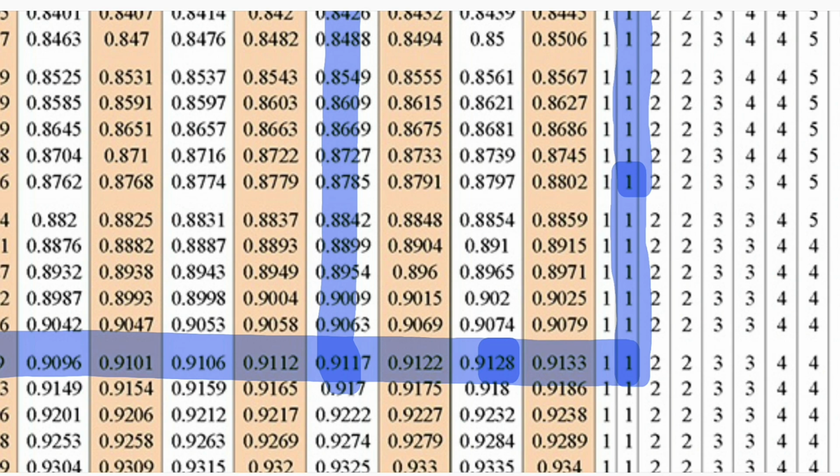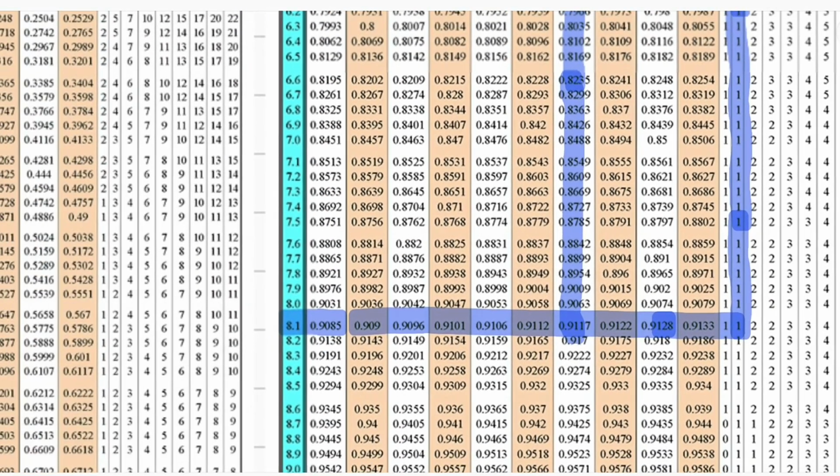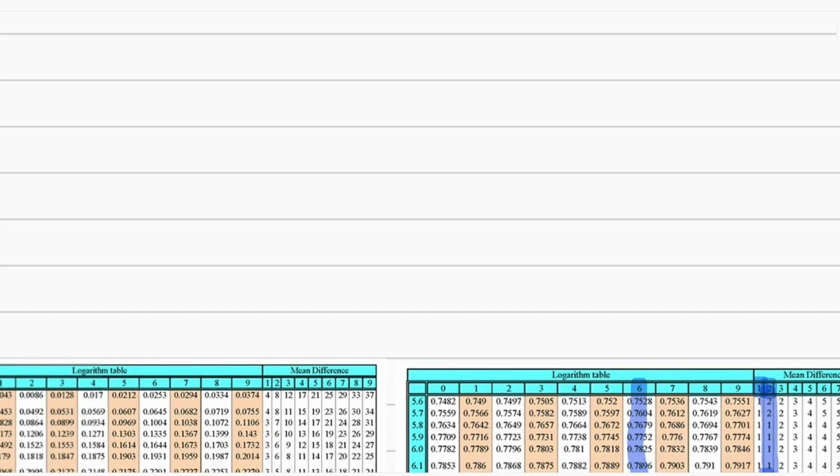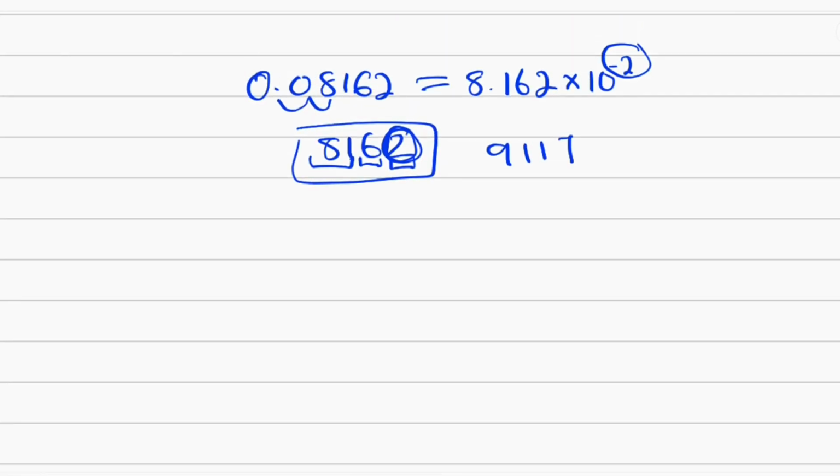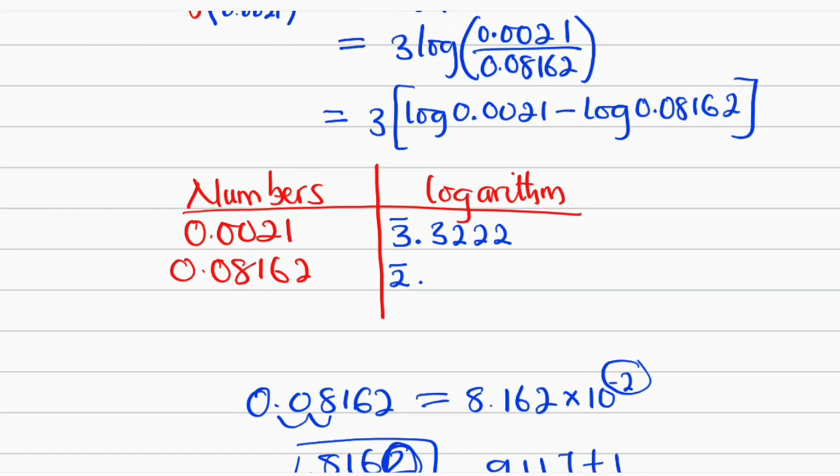That is the point of intersection. So we say plus 1. We add 1 to that number we obtain. Plus 1, and this becomes 9118. This 9118 is what we are going to add here. And this bar 2.9118 is said to be the logarithm of this number.